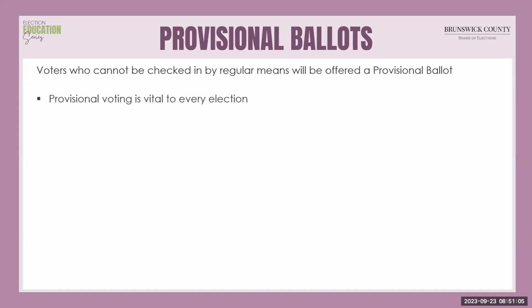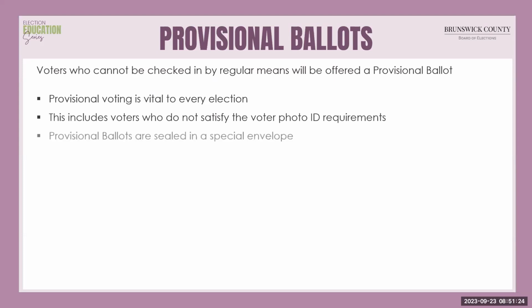Provisional voting ensures every eligible voter gets the opportunity to vote. Each election, many provisional ballots are accepted as eligible. Voters who do not satisfy the voter photo ID requirements, as I mentioned before, will be given the opportunity to vote a provisional ballot.